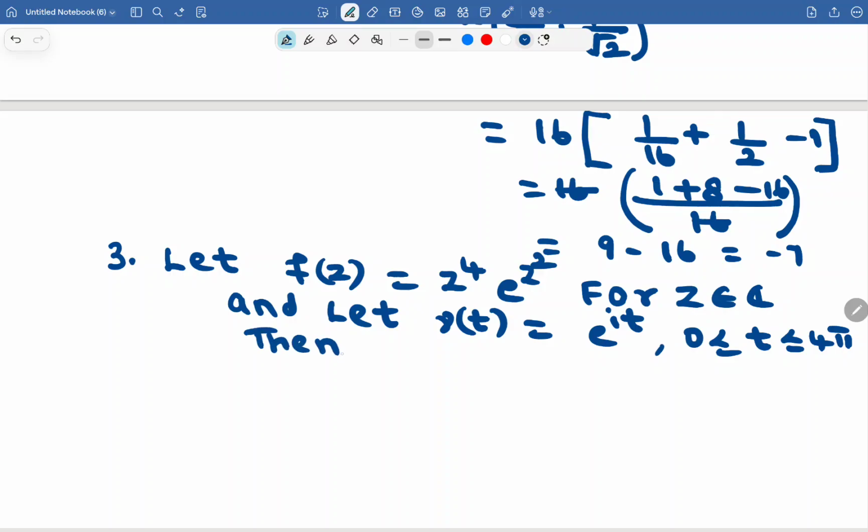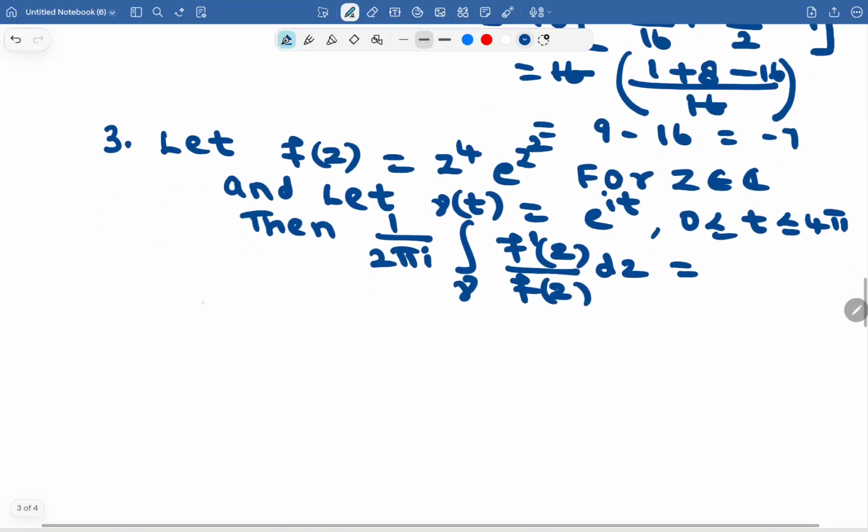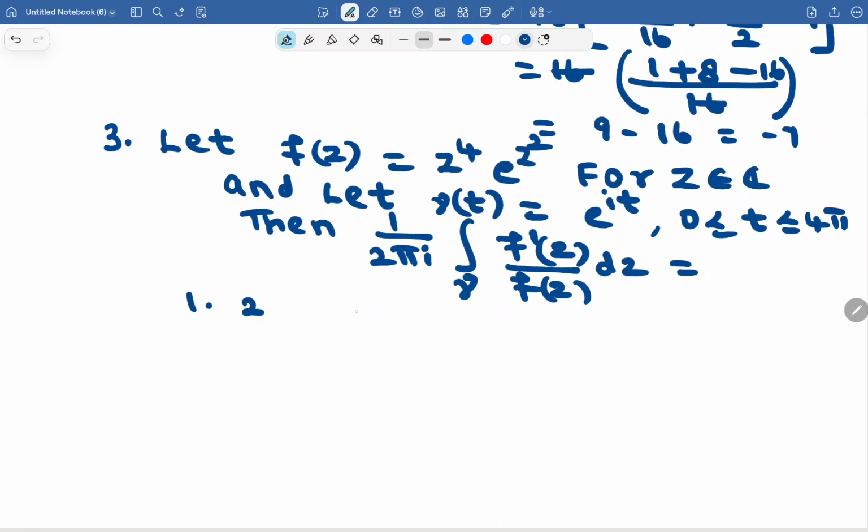Then 1 by 2 pi i integral over gamma of f dash of z by f of z dz is equivalent to: first option 2, second option 4, third option 8, fourth option 6.